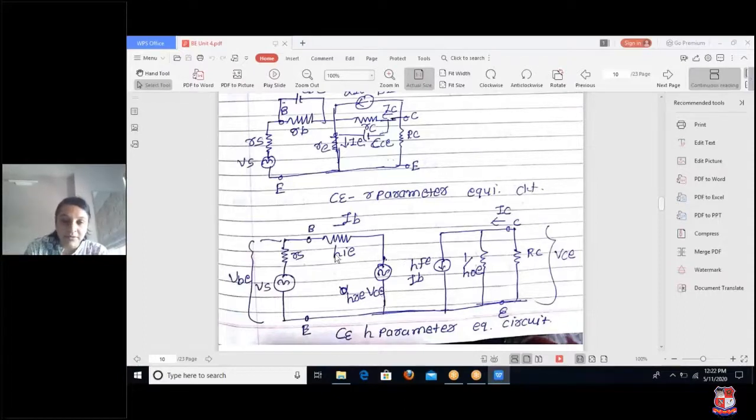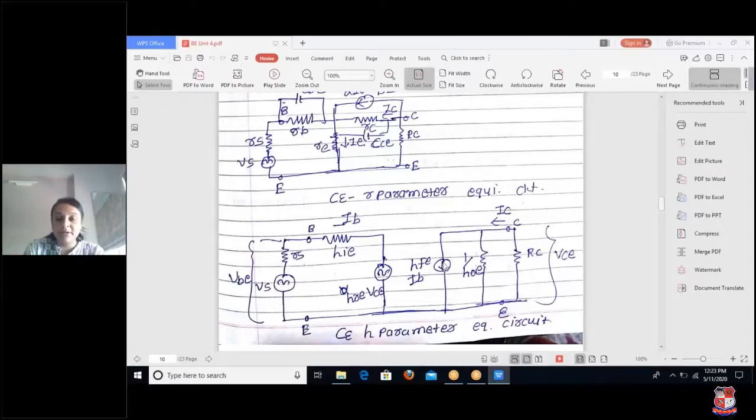Okay, so whenever we draw any configuration, all these things are connected in series, right? Which is Vs, Rs, input. Whenever we use common base, here we use HIB, and according to that we change the voltage, right? Now put one line.